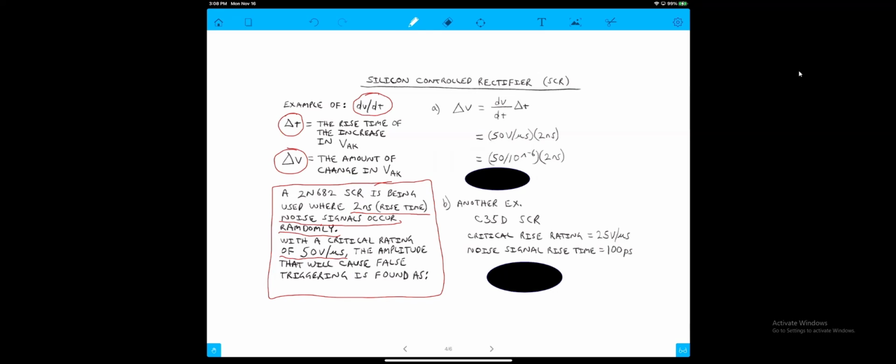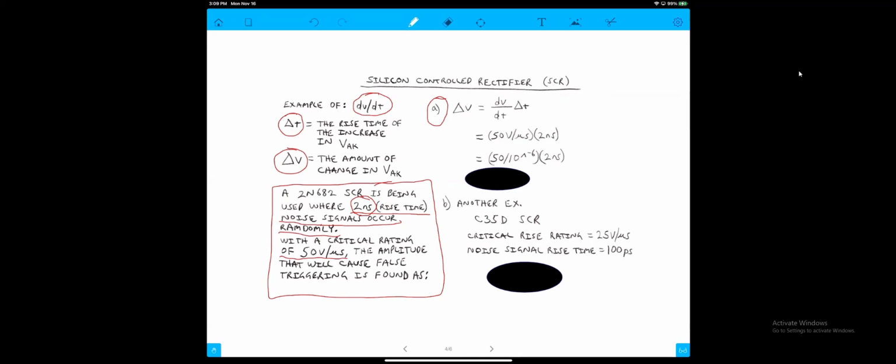The amplitude that will cause false triggering is found as our change in voltage divided by our change in time, times our change in time, which is our 2 nanoseconds. This is where we're having that problem.